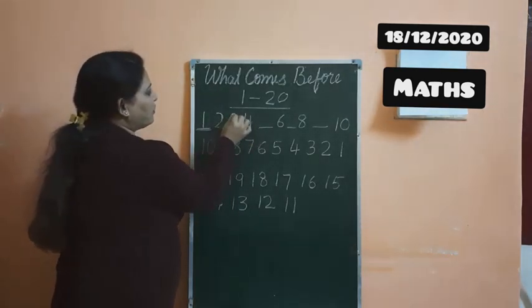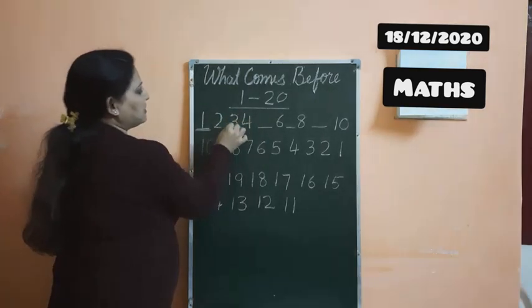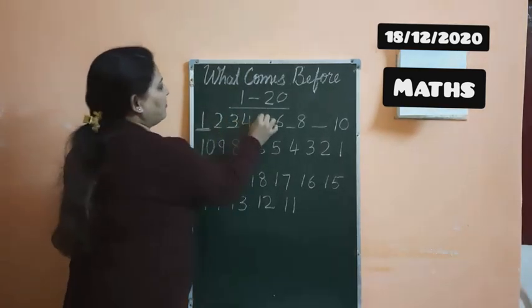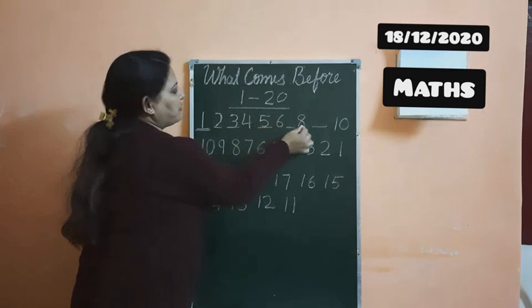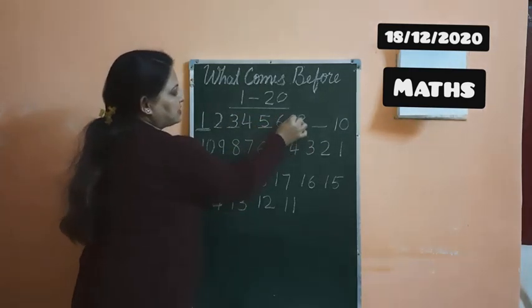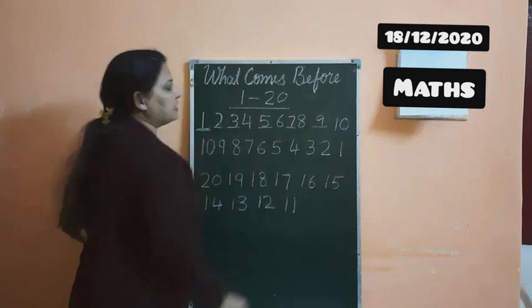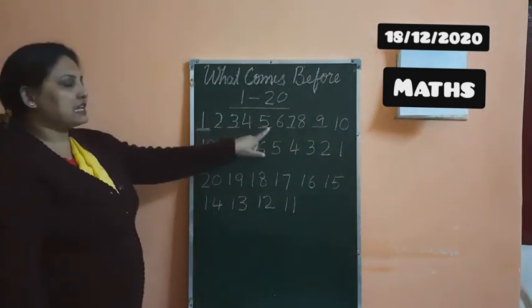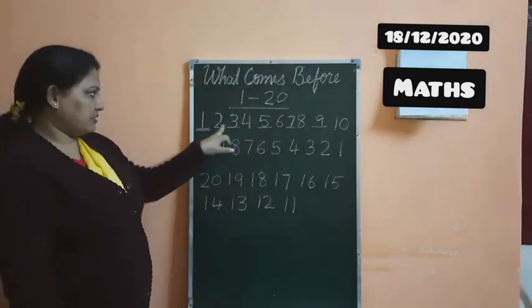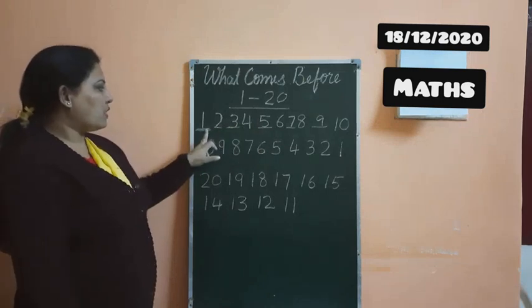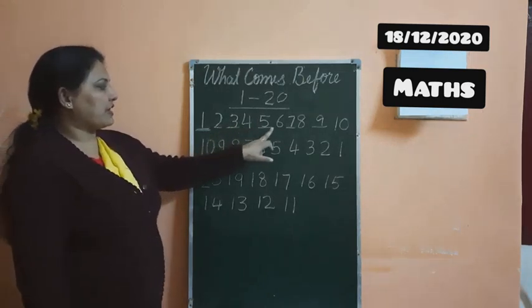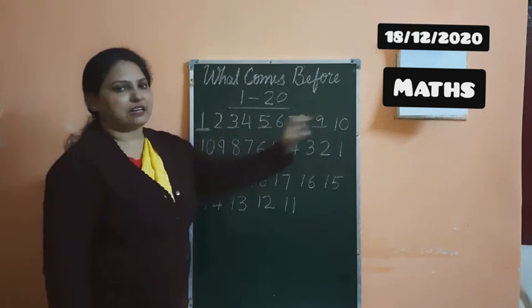So before 4, 3 will come. Before 6, 5 will come. Before 8, 7 will come. Before 10, 9 will come. Now you can count and see the serial numbers: 1, 2, 3, 4, 5, 6, 7, 8, 9, 10.